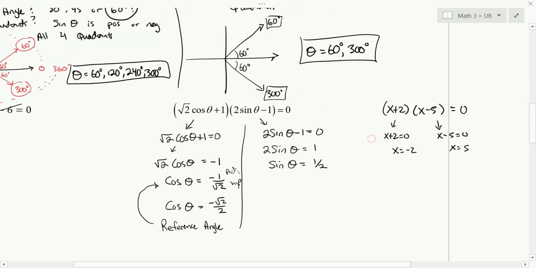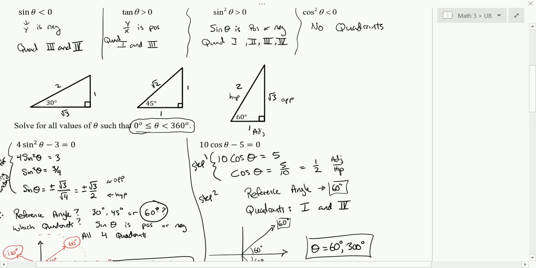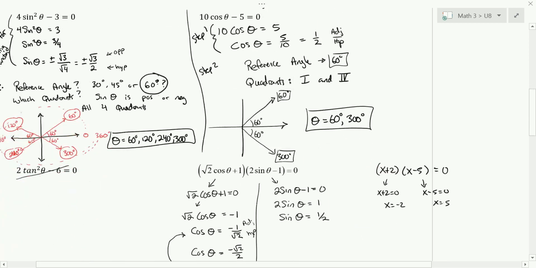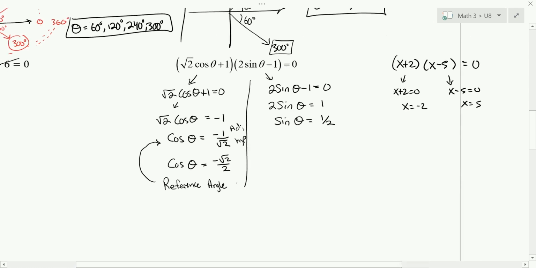If you look at our triangles, which one does that correspond with? The 45, right? So we know our reference angle is 45. Which quadrants would this happen in? Cosine is negative. Cosine is your x value, or related to the x coordinates, so the left side is the negative side, so that'd be quadrants 2 and 3.